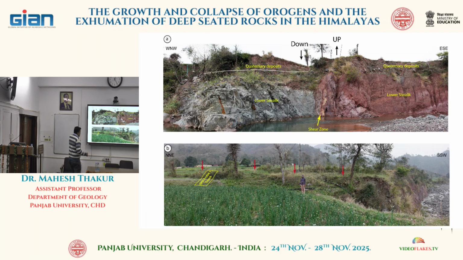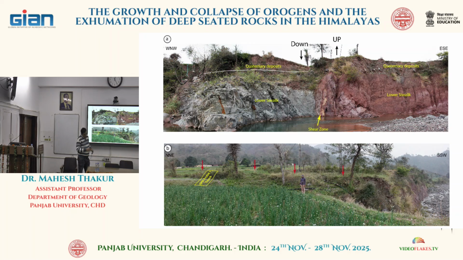So this is the river section. The fault is coming like this. These are fields actually. This step is formed because of the fault. Actually, it is not human-made terrace forming. No, it is actually the fault passing through this area.